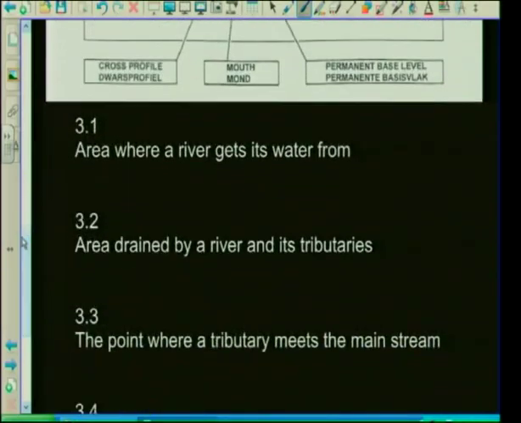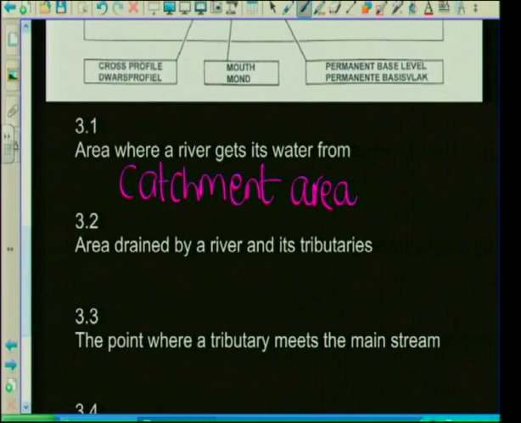That is the area from where a river will get its water from. Okay, so you simply then write down catchment area.